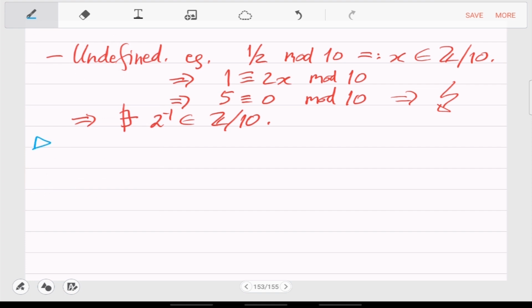So M inverse mod n doesn't exist if M divides n. Any questions? That is what we have observed from this simple example.